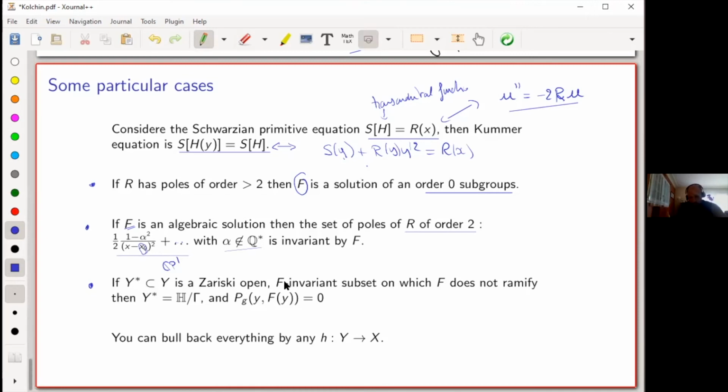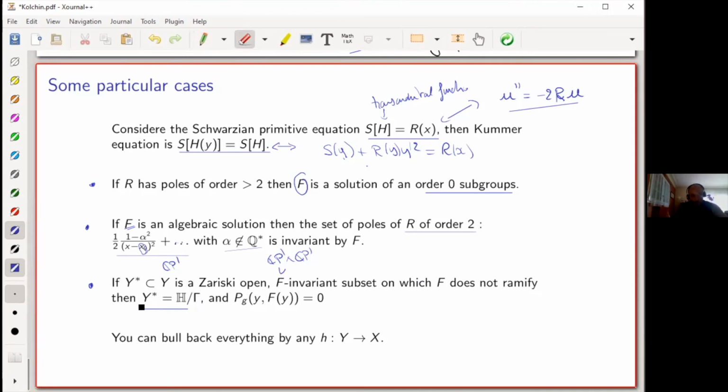If there is a Zariski open F-invariant, with F a rational, algebraic map, meaning a graph in the product of two of them, an algebraic curve here, on which F does not ramify, meaning both projections of F on CP1 have ramification in the locus we are taking out, so above this Zariski open both projections do not ramify, then you will find a group gamma here.